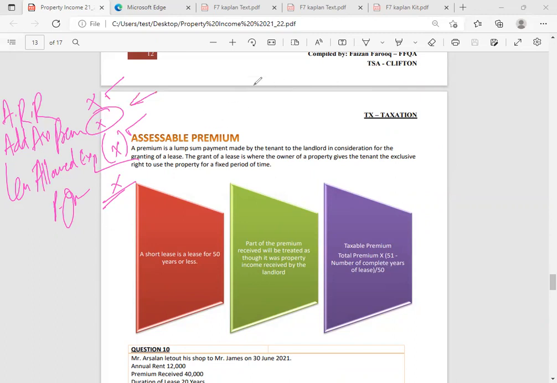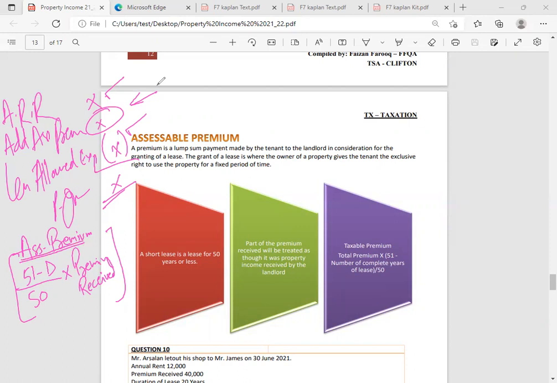How to calculate assessable premium is a formula. The formula is 51 minus duration of lease, divided by 50, into premium received, into the amount you received as a premium. This formula will give you the answer which is known as taxable premium, or you can say assessable premium.